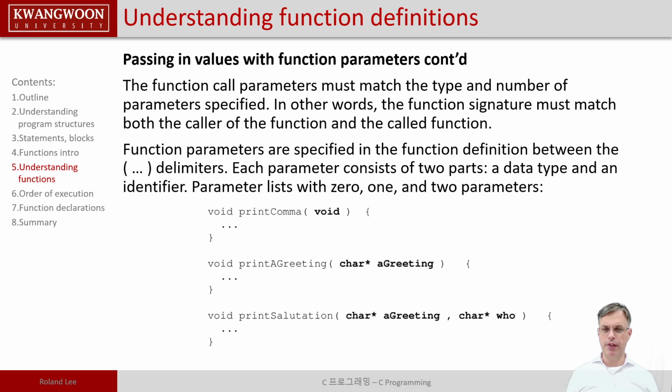Now we have already seen a printf. Function parameters are specified in the function definition between the two parentheses delimiters. The ellipsis indicates that there can be 0 or more function parameters in the parameter list, separated by commas, a C token we haven't yet encountered, so the comma itself.